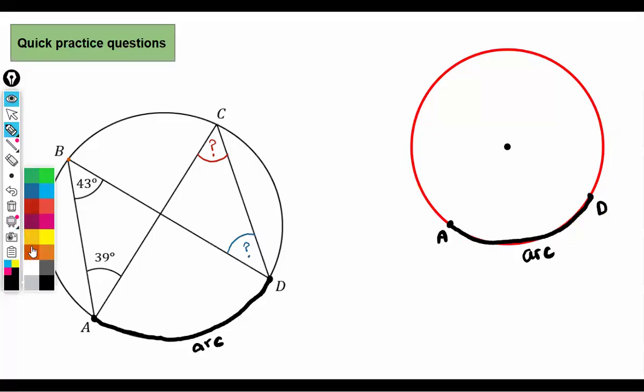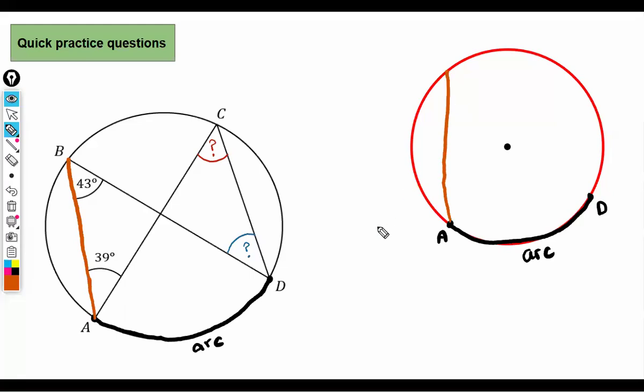Now look at this, using orange, from point A we're going to go to point B. That's this here. I don't care about the center of the circle in this question. So from point A, I go to point B, and then it's going to bounce back to point D.